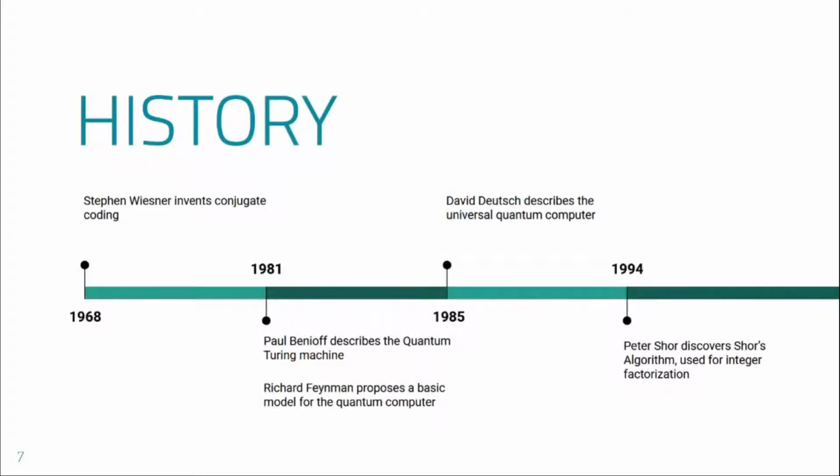Okay, so a little bit about the history of quantum computing. One of the first developments in quantum computing goes back to 1968, when Stephen Wiesner invents conjugate coding, which can be described as an extension of a random number generator.